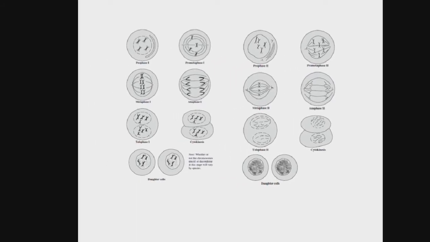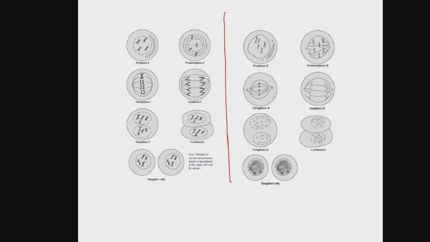I like to think of this in half. So we see prophase 1, prometaphase 1, then we see 2. So there's going to be 2 cycles in meiosis.